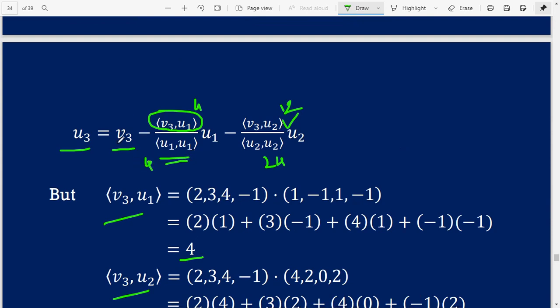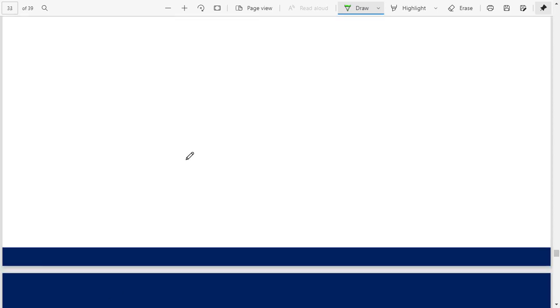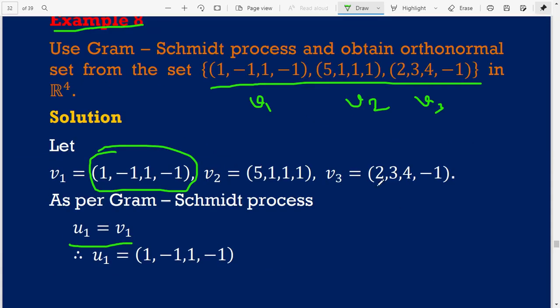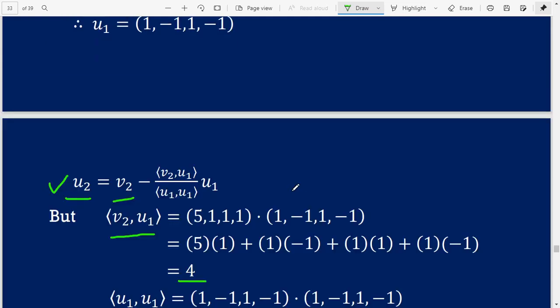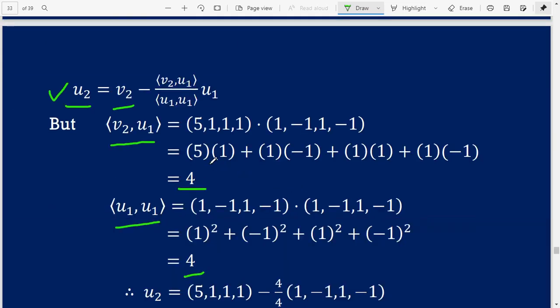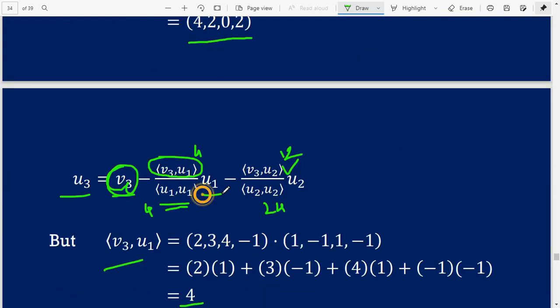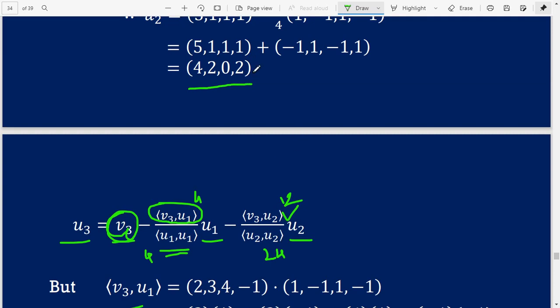and V3 is equal to this. We have U2, we have U1 and U2, this is U2.